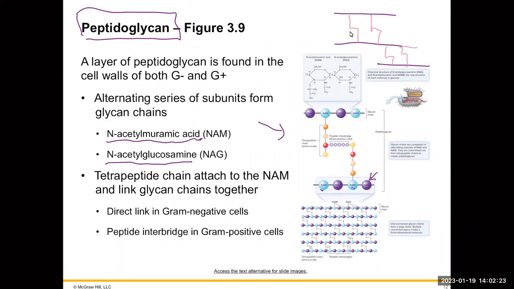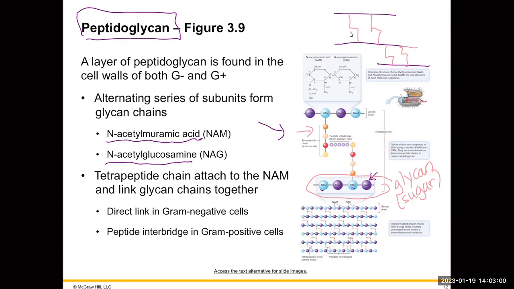If you look at this, here are the glycan chains, so think of this as a sugar. And in here, these are amino acids, the building blocks of peptides, so think protein. Oops, I spelled it wrong, peptide.